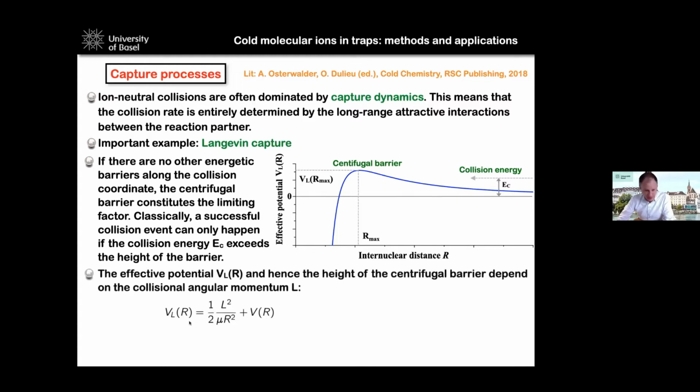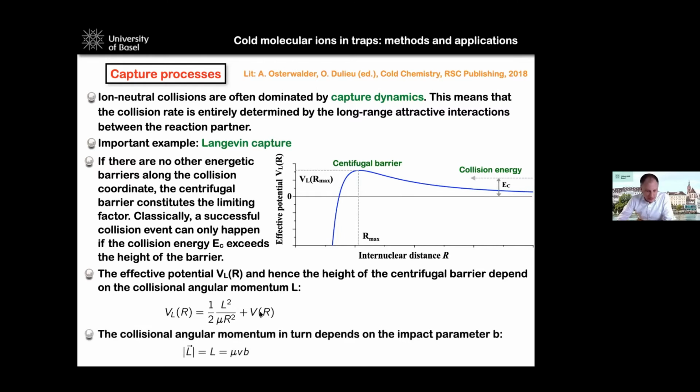Okay, so remember, that is the form of this effective potential. We have the centrifugal part, and we have the interaction part. This one is usually attractive, as we have seen, and this one is always repulsive and leads to the centrifugal barrier. What is now important to remember is the expression for the classical angular momentum. This is given by mu times v times b, and b is again the impact parameter.